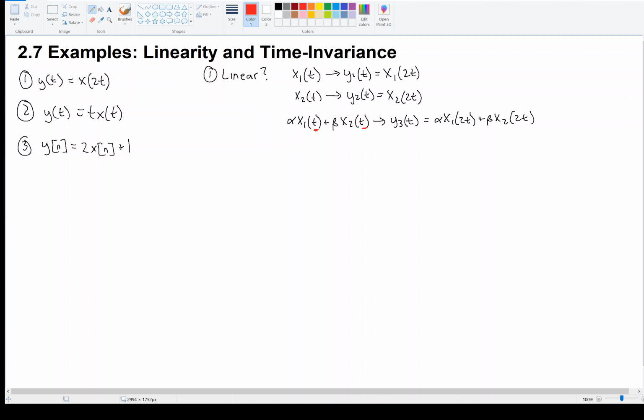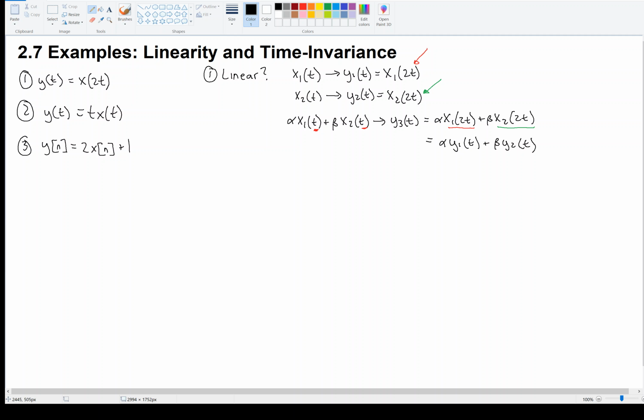And then immediately we recognize x1 of 2t, well, that was y1 of t. And x2 of 2t, well, that was y2 of t. And so we can write this as alpha y1 of t plus beta y2 of t.